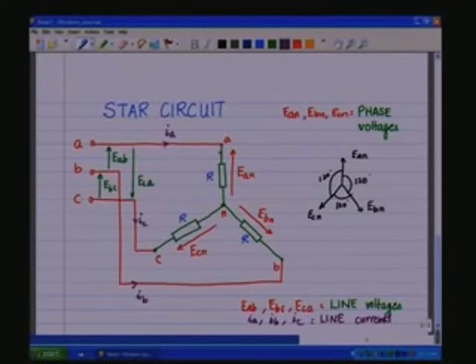and if we take, let us say, the current here as IAP and the current here ICP and the current here as IBP. Then IAP, IBP and ICP, they are all the phase currents.